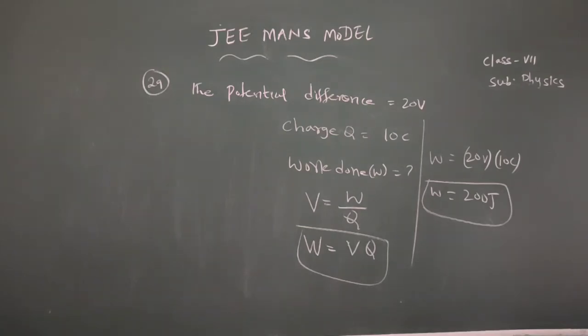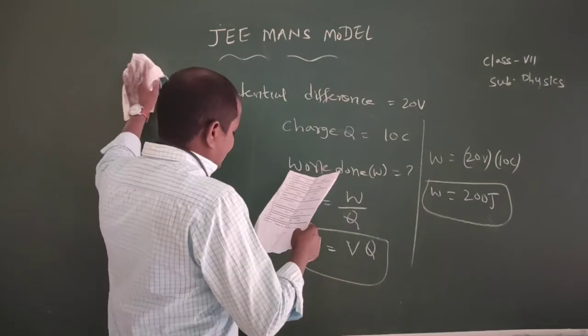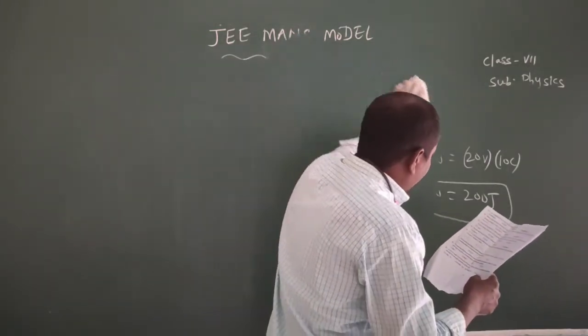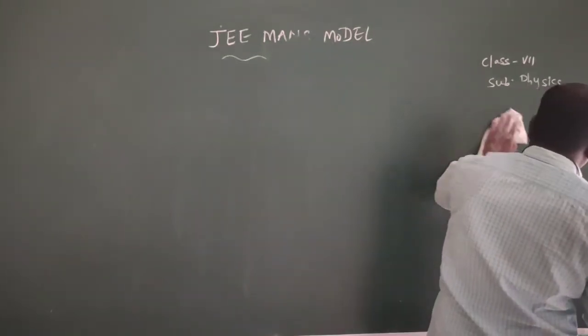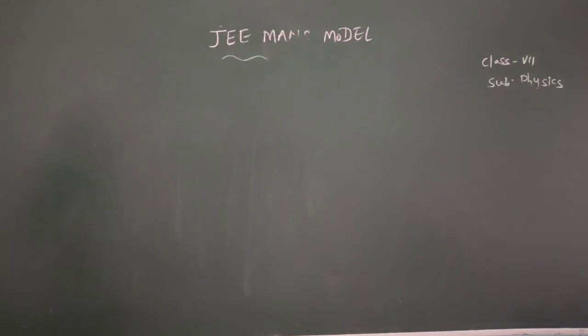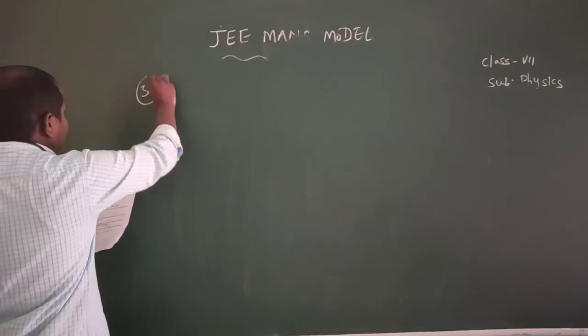So next one, a wire of length 2 centimeters and area of cross section 2 centimeters square and the resistance is 4 ohms. Then calculate the specific resistance. Last one, question number 30.